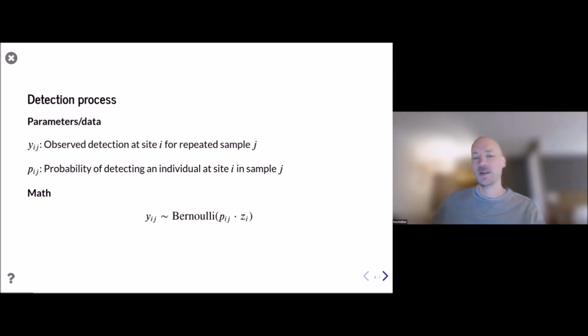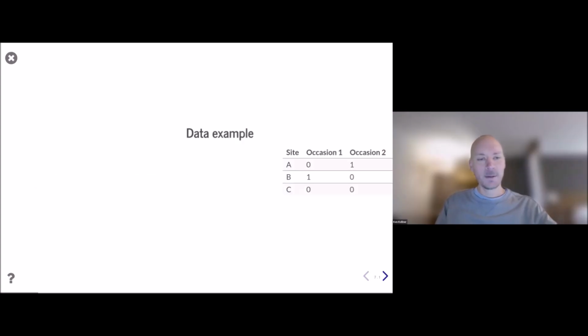So it varies with the magnitude of the detection probability. On the other hand, if z sub I is 0, if the site is unoccupied, then the detection, non-detection data will always be 0. And again, this is the simplest version of the occupancy model. Other varieties are possible that relax some of these things that I've just said.